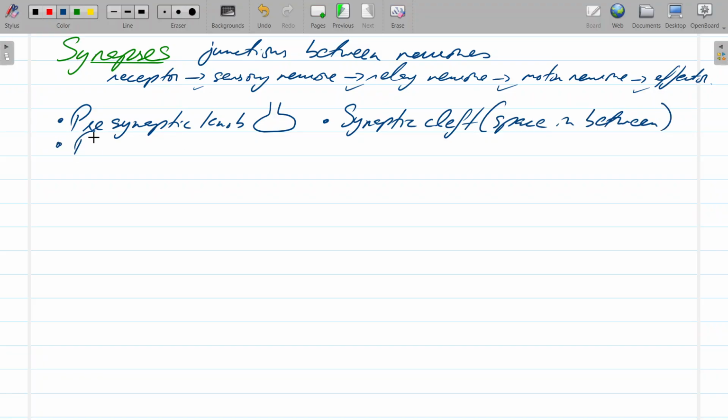And then you have the postsynaptic knob, right? These are the structures that make up the synapse, and then along with that you have the neurotransmitters and the receptors for those neurotransmitters.